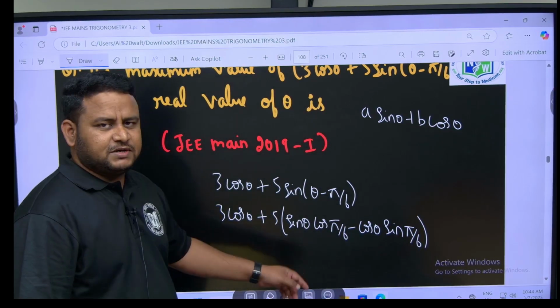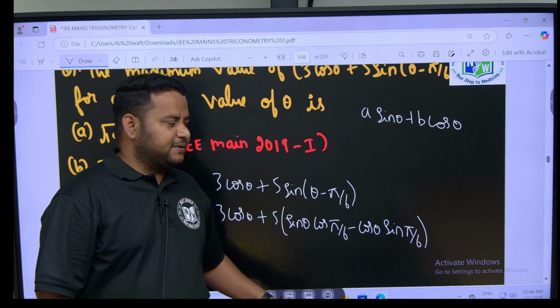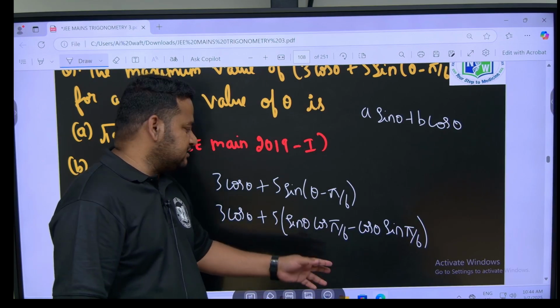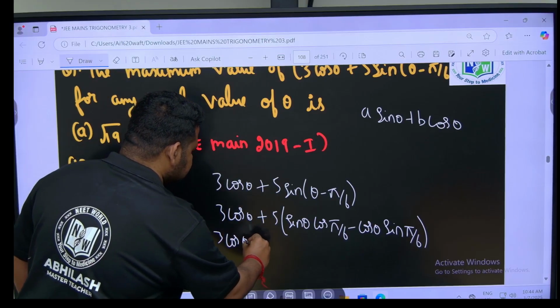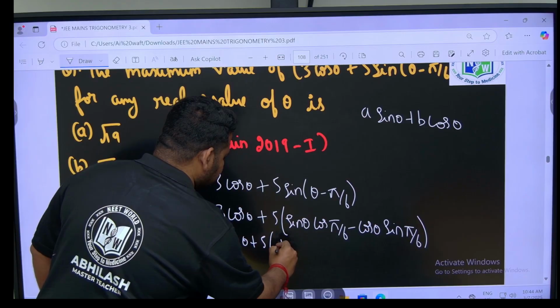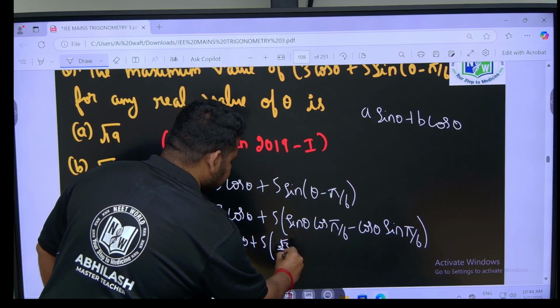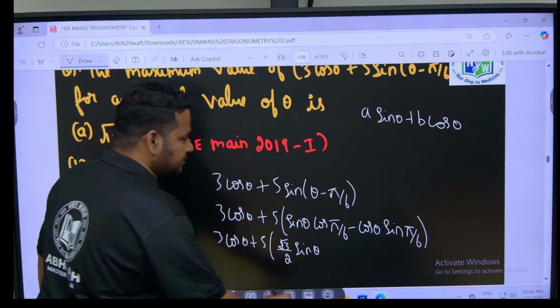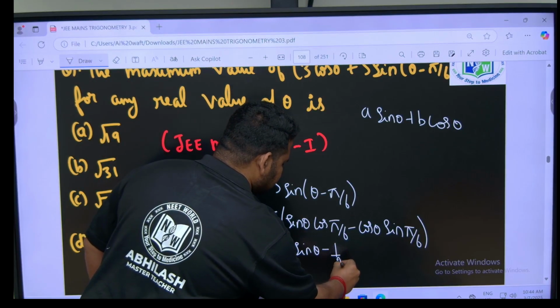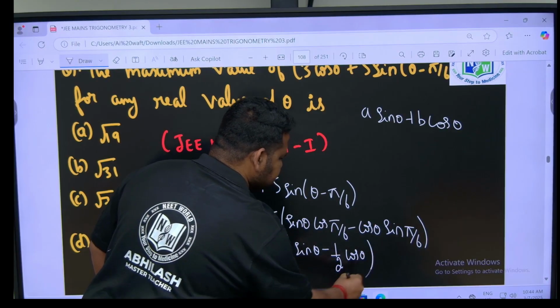We know that cos pi by 6, cos 30, is root 3 by 2, and sin 30 is 1 by 2. Let us write this value. So this will be 3 cos theta plus 5 into root 3 by 2 sin theta minus 1 by 2 cos theta, because sin pi by 6 is 1 by 2.